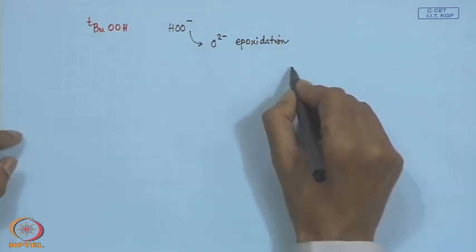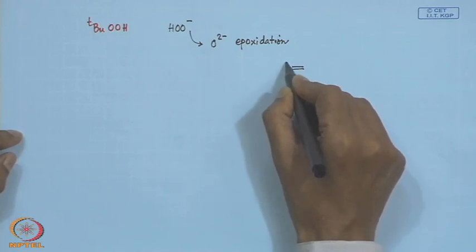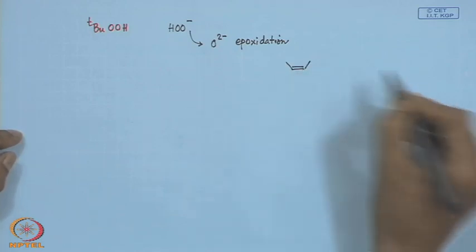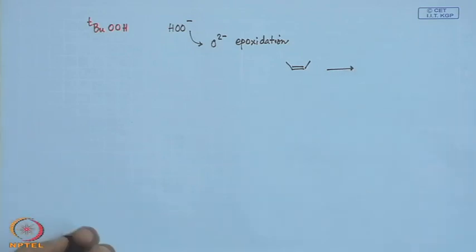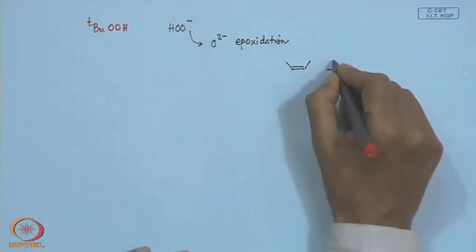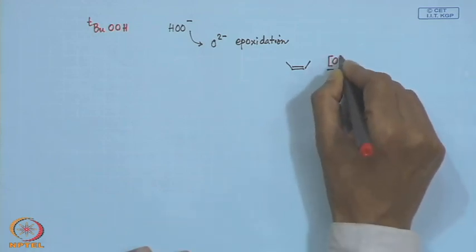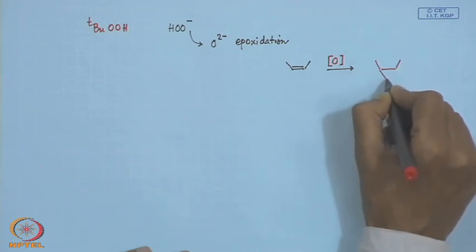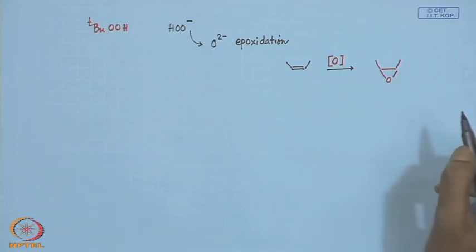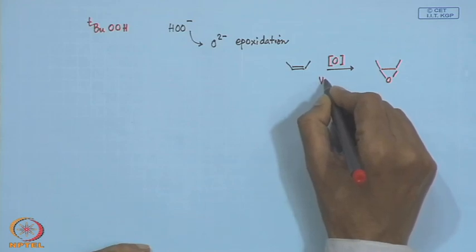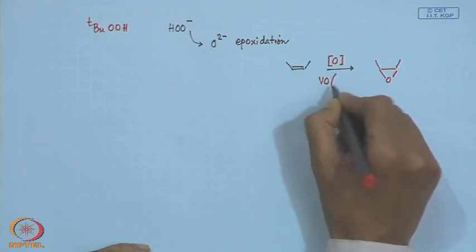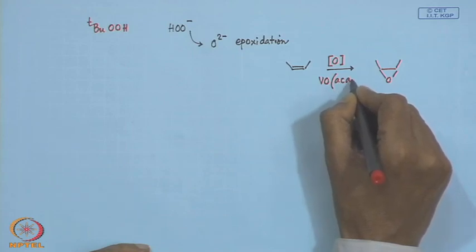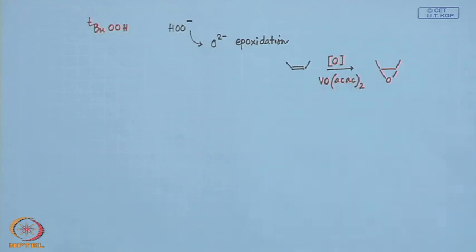So, if we have an allylic group that we can consider as having a double bond, the epoxidation can take place on it, and we get the corresponding epoxide, and this is very much catalyzed by VO(acac)2.